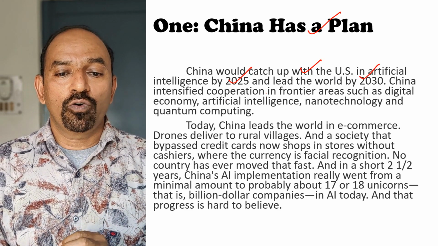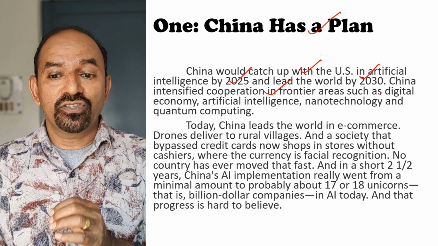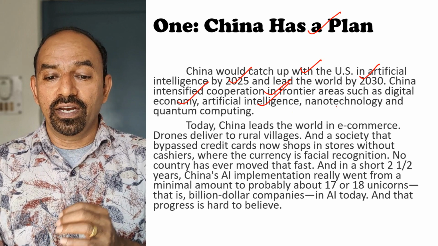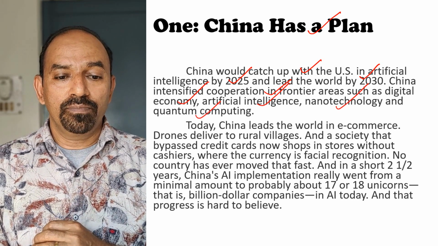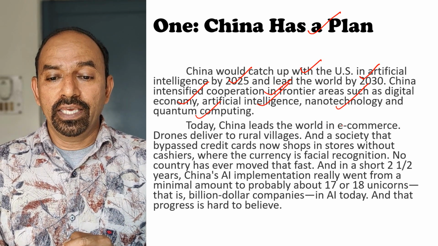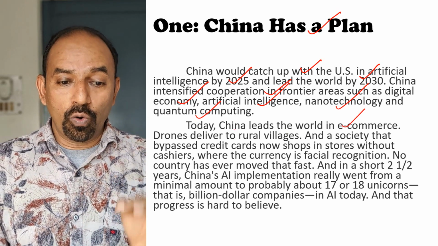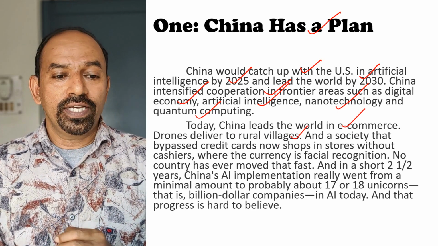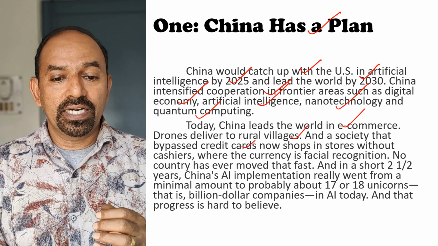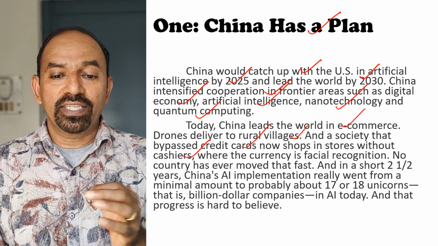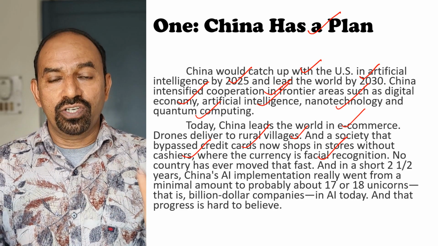China intensified cooperation in frontier areas such as digital economy, artificial intelligence, nanotechnology, and quantum computing. Today, China leads the world in e-commerce. Drones deliver to rural villages, and a society that bypassed credit cards now shops in stores without cashiers, where the currency is facial recognition.